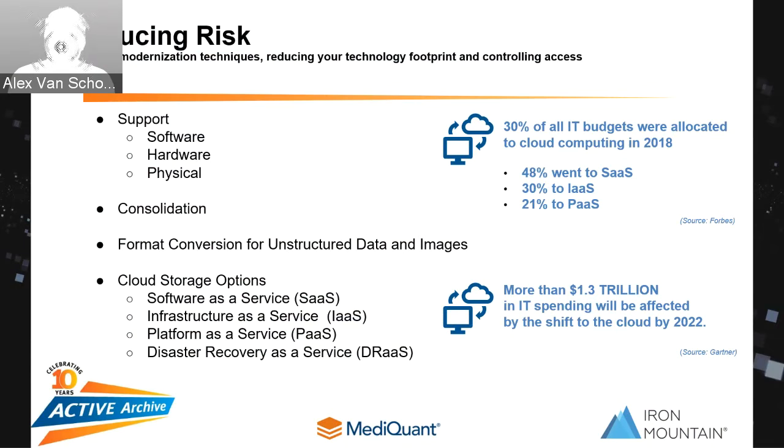It's out of support. And so we recommend moving our customers to converting these images and these unstructured data elements as they extract into more universal formats. That allows us to have an active archive that is up to date and available for use for many years down the road without having to maintain old servers, old applications, stuff that's reached end of life.